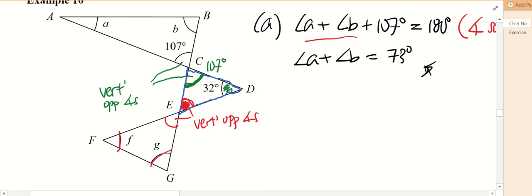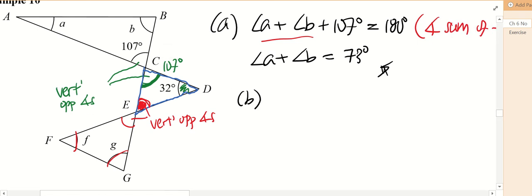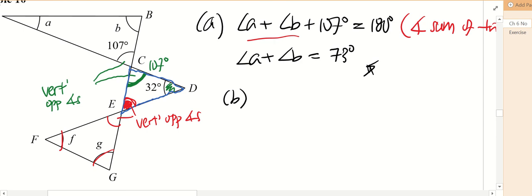Am I right to say that? Okay, there are a lot of steps here, so let's try to follow carefully. Let's do it step by step. Let's begin with angle ECD. Angle ECD equals 107 degrees. And how do we know that? Because of vertically opposite angles.